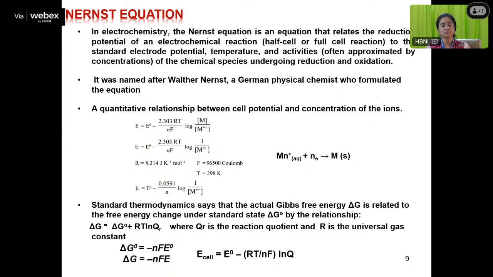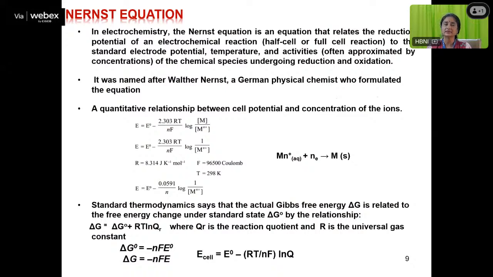Now, you must be knowing that all electrochemical cell calculations are based on the Nernst equation. In electrochemistry, the Nernst equation relates the reduction potential of an electrochemical reaction, that is a half cell or full cell reaction, to the standard electrode potential, temperature and activity, often approximated by concentration.